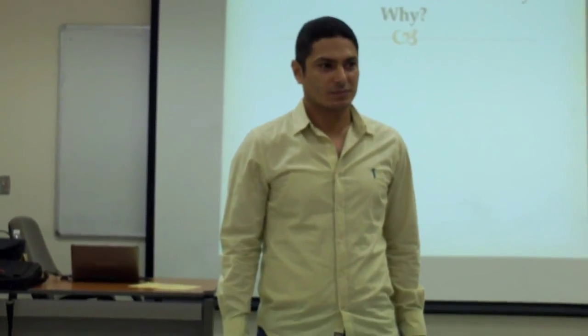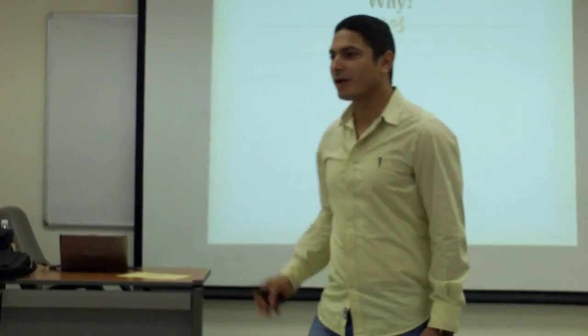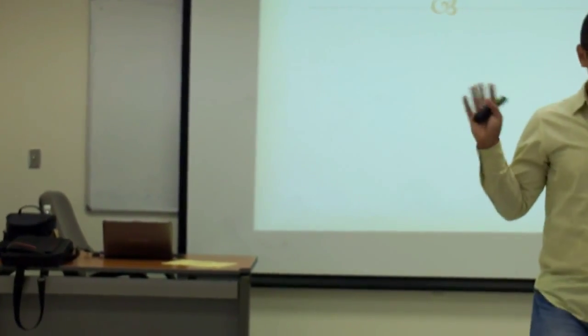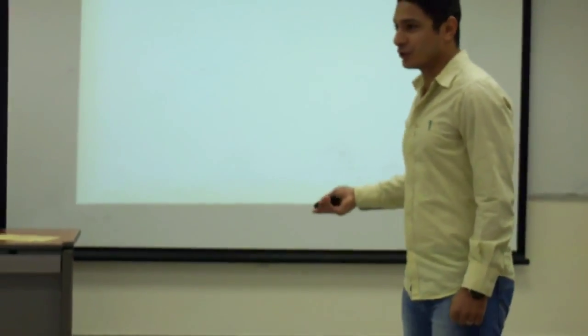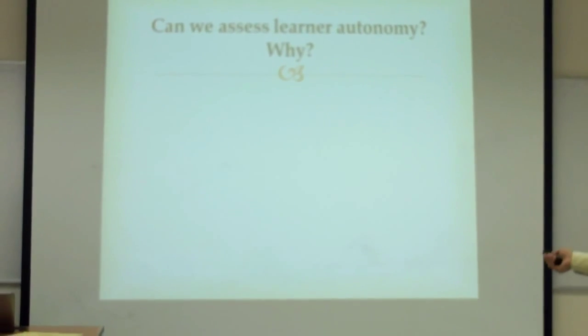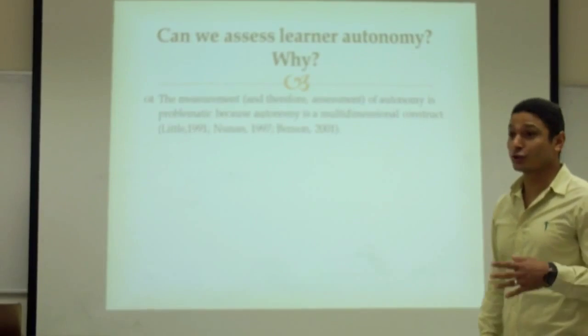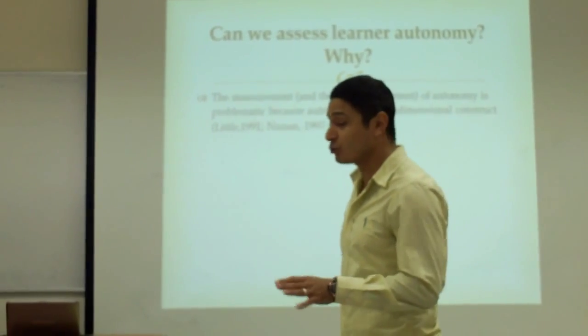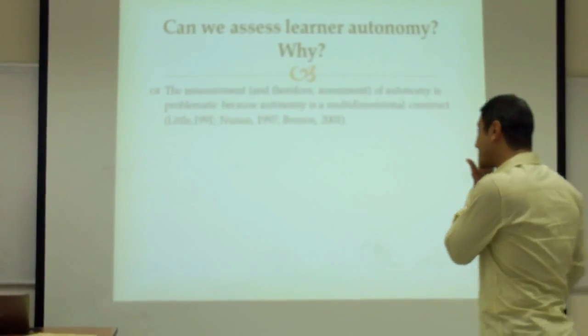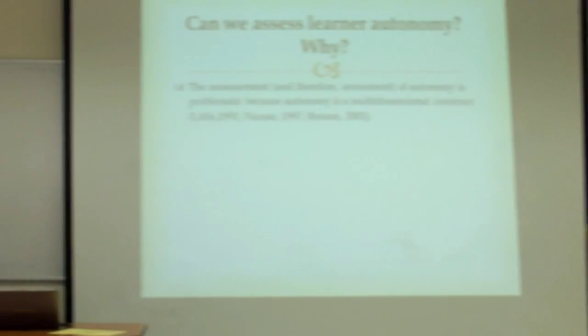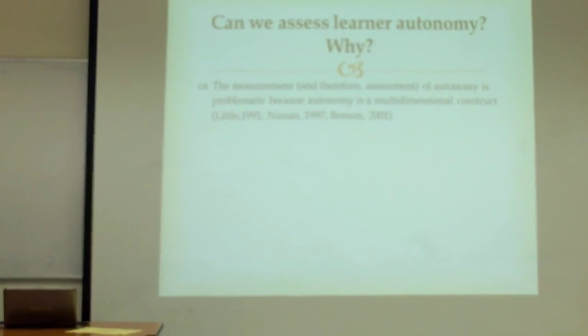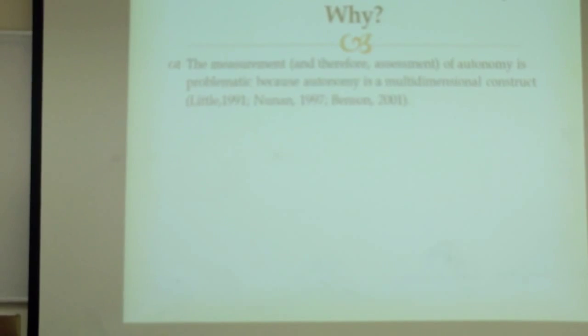Okay, there are actually two different points of view in the literature that I'm going to quickly have a look at. The first says no, we should not assess learner autonomy, we should not evaluate it at all. The measurement and therefore the assessment of autonomy is problematic because autonomy is a multi-dimensional construct.